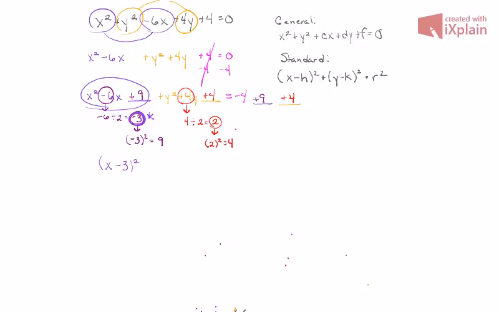Okay, and then next, this would become (y, take a guess, plus 2) squared. Again, there's our cheat to let us know if we're on the right track. And then this will end up being equal to 9, because as you can see, we have a negative 4 and a positive 4. They're additive inverses, so when they combine, they cancel each other out.